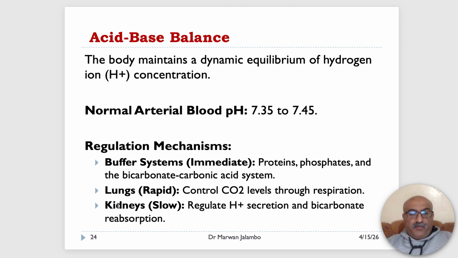Number three, the kidneys. The kidneys provide the most powerful long term regulation by excreting acid or reabsorbing bicarbonate, though this response takes hours to days to become fully effective.